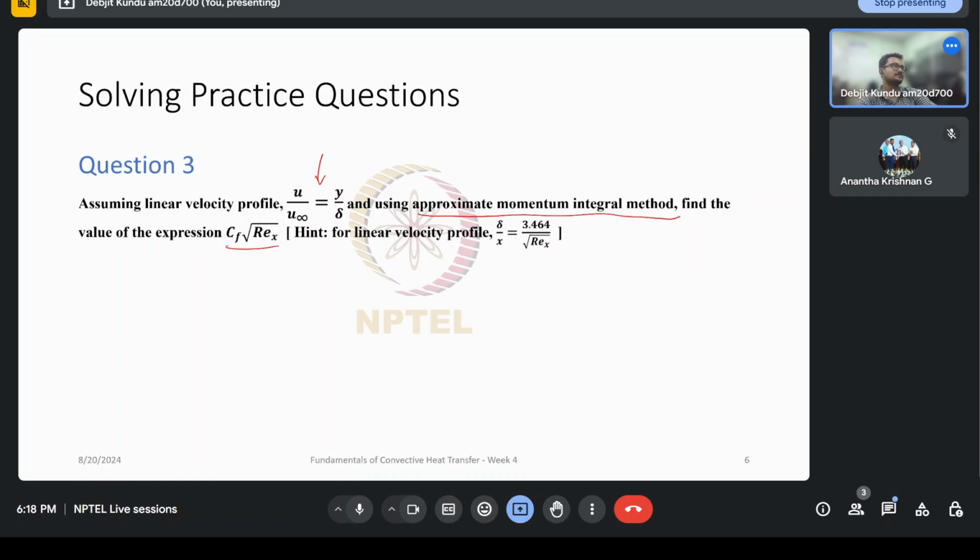And we have a hint given that for a linear velocity profile, the boundary layer thickness delta over x is equal to 3.464 over under root Rex. We have to use this information. So using that information, we have to find out the value of CF into under root Rex.